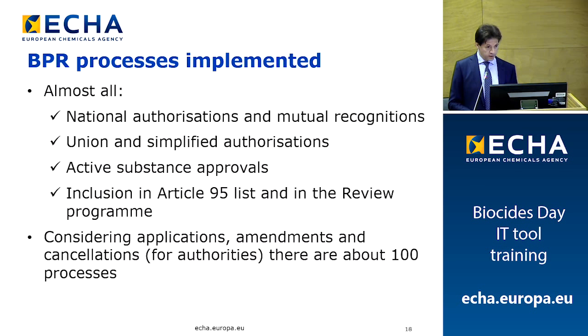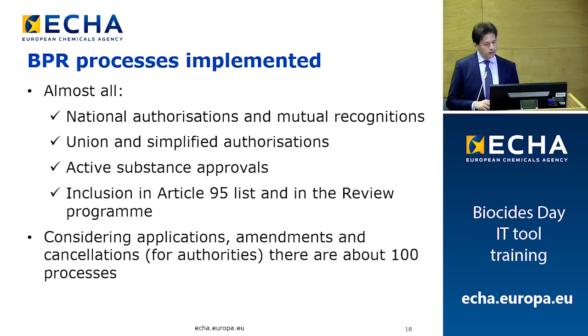In terms of processes, over time we have almost implemented all processes that are described in the regulation. So we have national authorization, mutual recognition, union, simplified authorization, active substance approval.